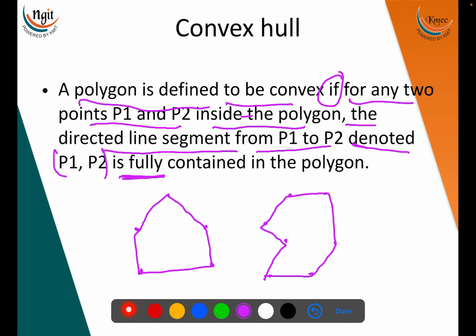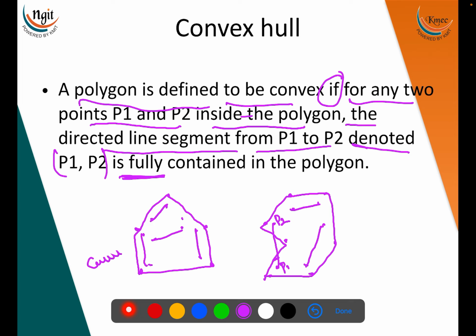Here both are polygons and this one is called a convex polygon. Why? Because if I take any two points, any corners of the polygon, I can draw a line segment and all of it is inside the polygon. If I do the same thing for this polygon, if I draw this line, it is inside the polygon. But if you draw a line segment from this point to this point, name it P1,P2, it is not fully contained inside the polygon.